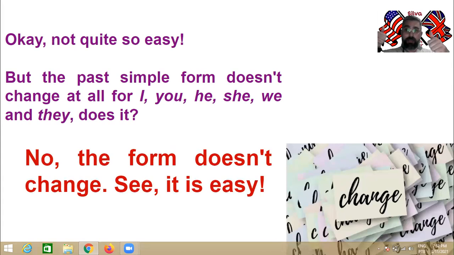So, yay, good news, except for the verb to be. Verb to be is a different case, okay? We're learning about this in a few more classes. So fear not, okay? But the rest of the verbs, it doesn't change. As long as you learn those rules, you're good to go.